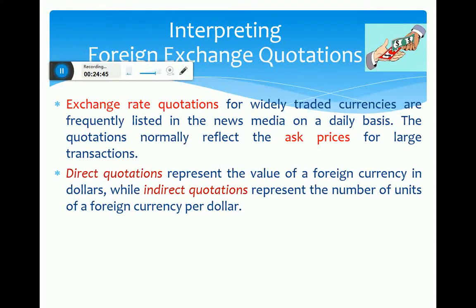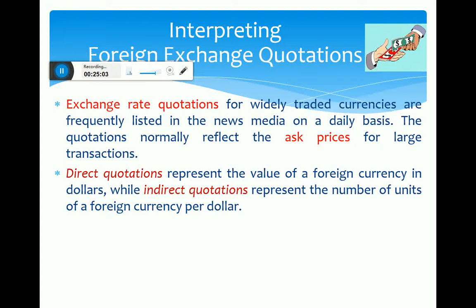Bid rate is when you have those currencies and want to sell to the bank and the bank wants to buy. Ask rate is when you have local currency and you want to convert it into one of those international currencies.